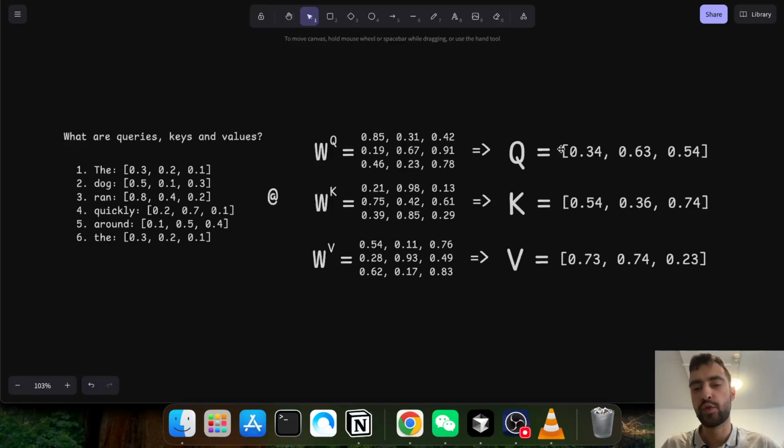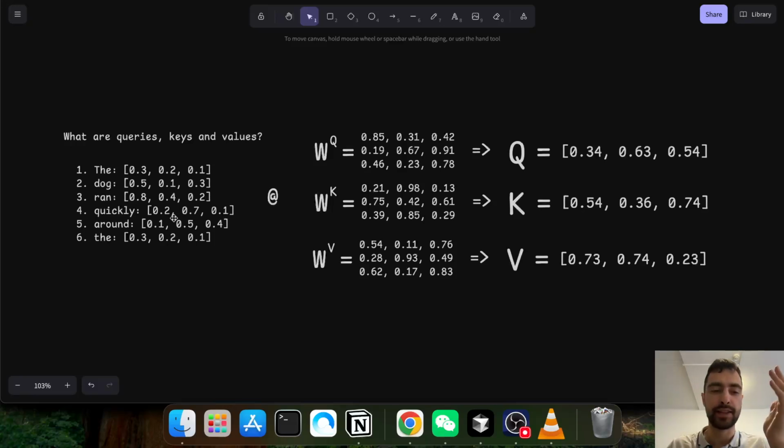If you have this query that shows what this quickly token is looking for, what kind of context it's looking for, how do you now check what context this ran has, what context this dog has? One way is to check similarity between different meanings.